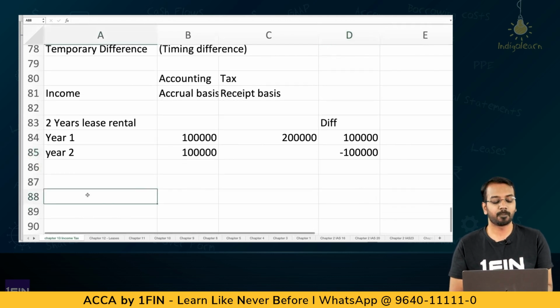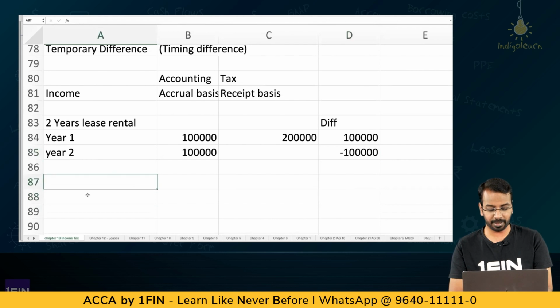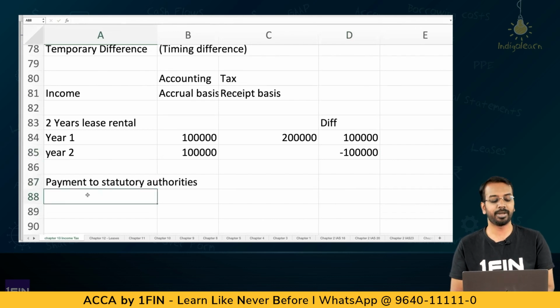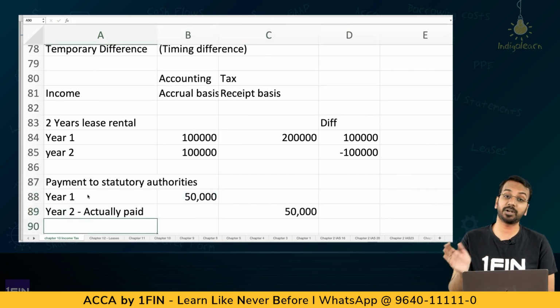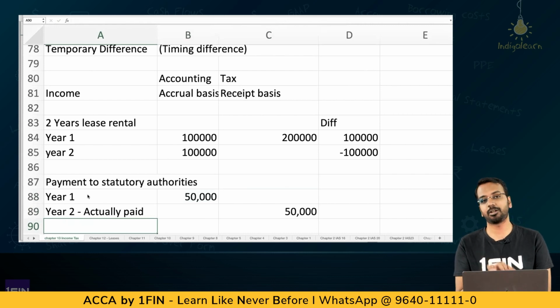Now say there is a payment to statutory authorities. Year 1 amount payable was 50,000. Year 2 actually paid 50,000. So it is an expense pertaining to year 1, but it is actually paid in year 2.